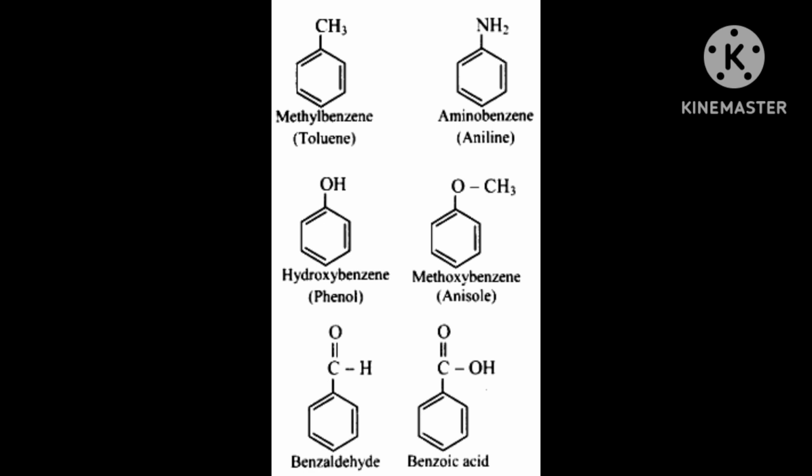Then you can write 4-ethyl. You have to name alphabetically: E, then F, and in the end it will be N. Then 4-ethyl-1-fluoro-2-nitrobenzene.